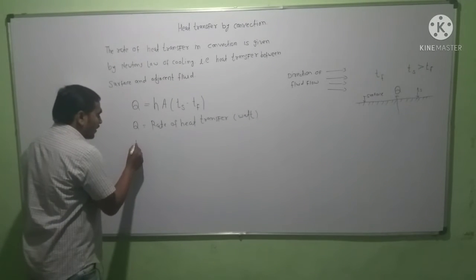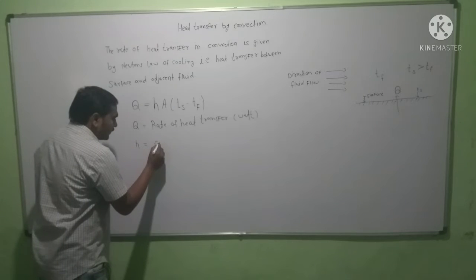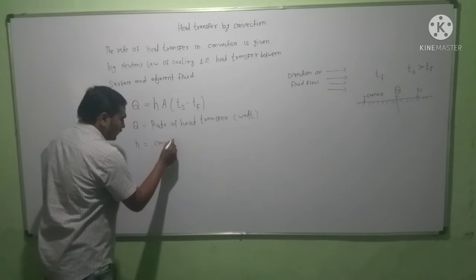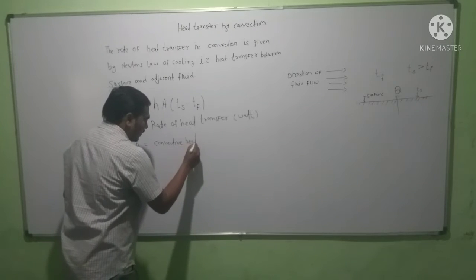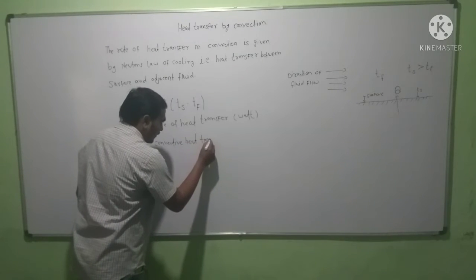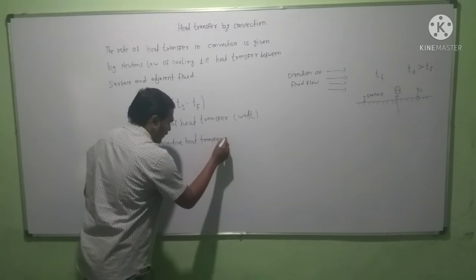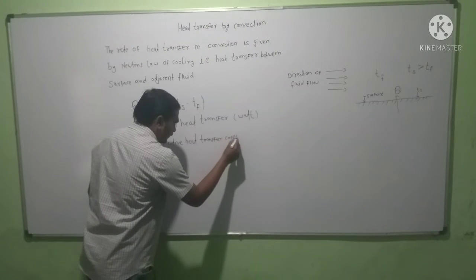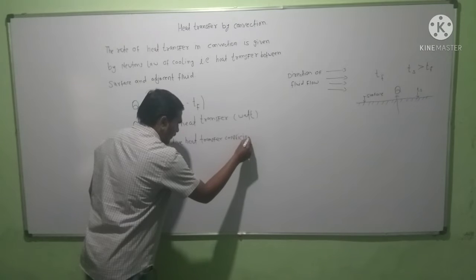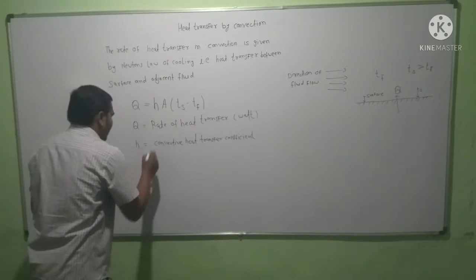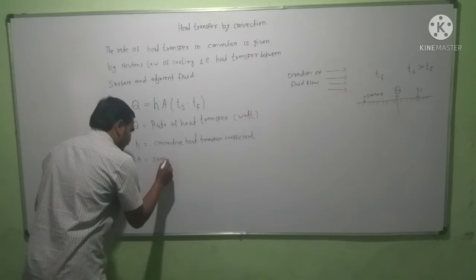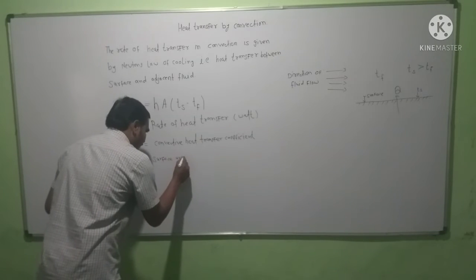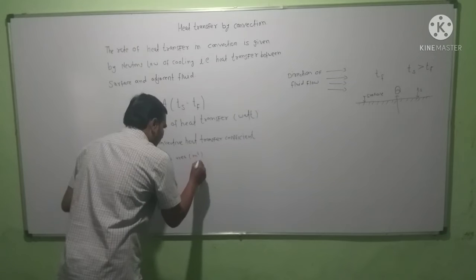This H is the convective heat transfer coefficient. Then A is the surface area, which is given in meter square.